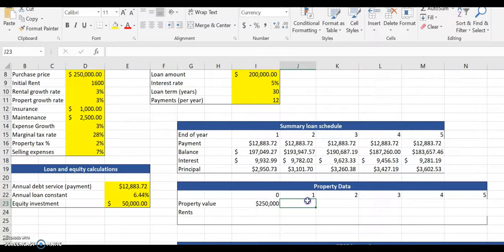And then for the first year, it is just equal to this times 1 plus our 3% property growth rate.